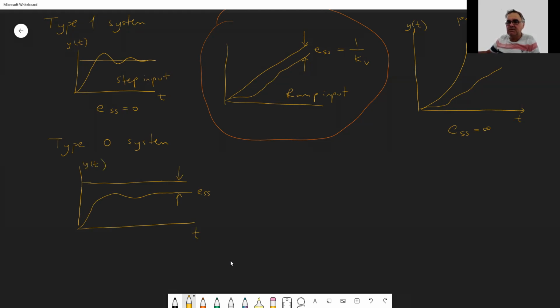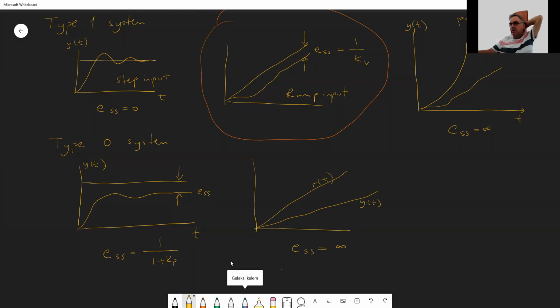So ESS here is actually 1 over 1 plus Kp. Kp is defined above. For example, if you have a ramp input to this system, again, your response is going to diverge. It's not going to be able to converge here. This is y(t). This is r(t). And the steady state error will be infinity. Do you get the idea here?